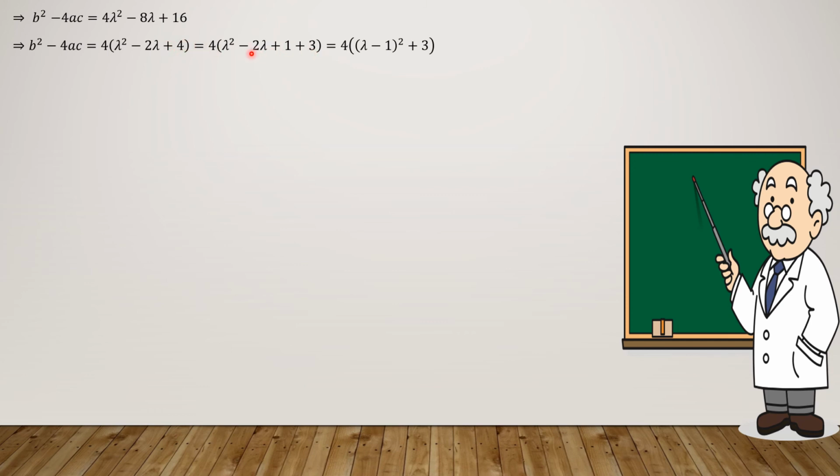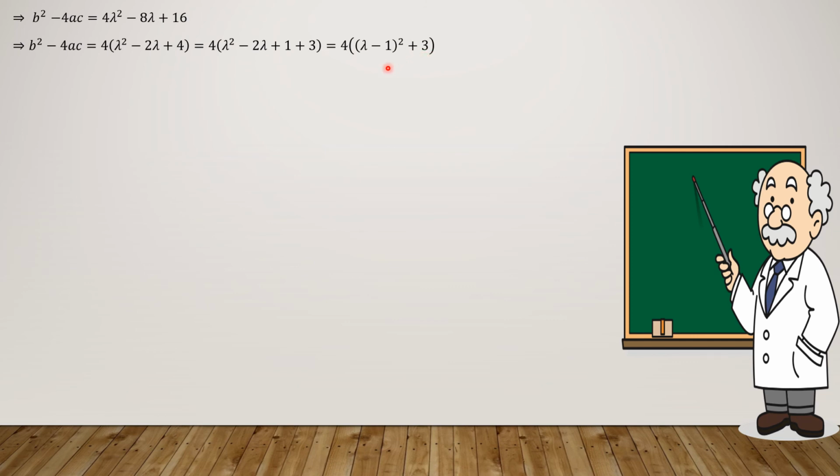So I do this, and the reason why I'm doing that is because I want this particular expression here to be a perfect square. So if this is a perfect square, then I can write it as this.